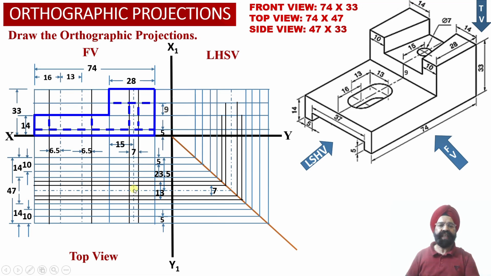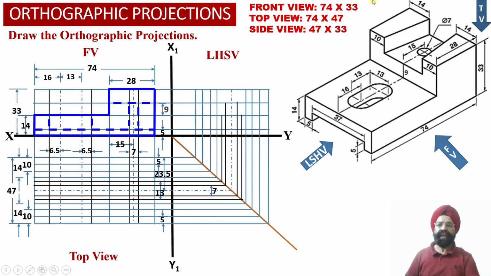So with this, the grid work corresponding to various elements alongside the width of the solid, alongside the depth of the solid has been appropriately obtained in the top view orthographic projections over here.